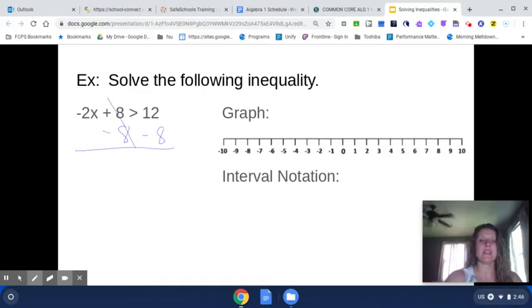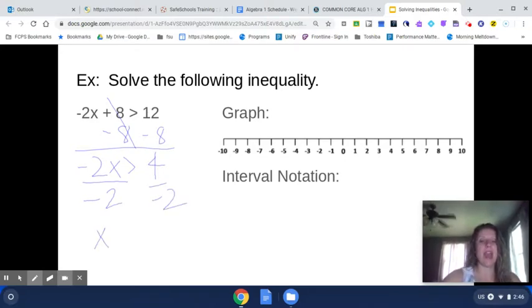8 minus 8 makes 0, so those cancel out. And 12 minus 8 gives us 4. If I bring down anything that we haven't used, we have -2x, and we have that greater than symbol. So we have -2x is greater than 4. We want to get rid of that -2 that's being multiplied by x, so we're going to divide by -2.